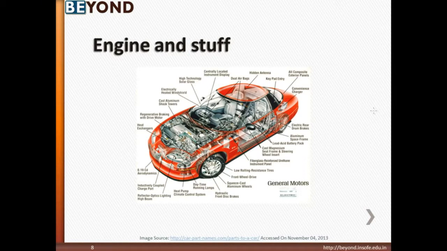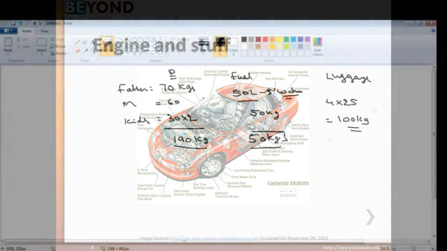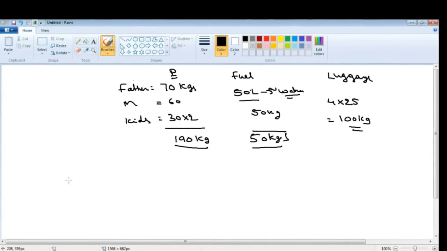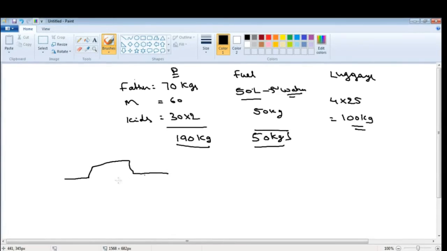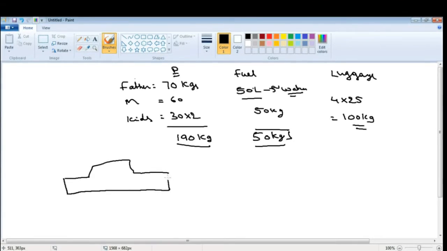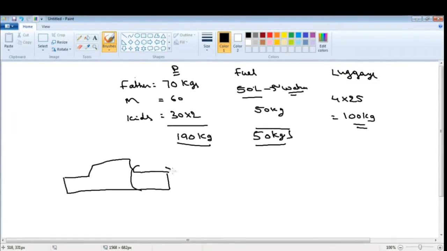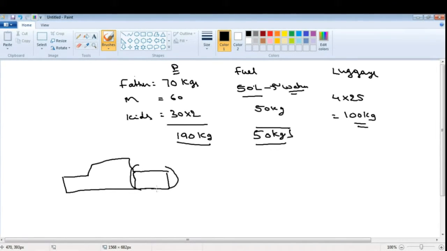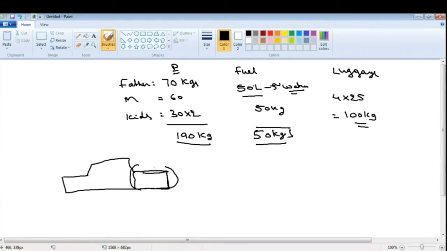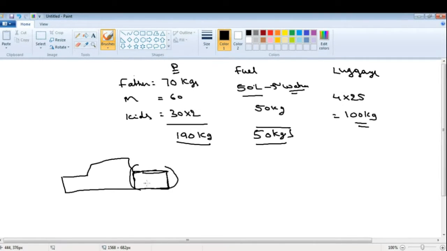I would assume that in a car of dimensions like this, this part has a lot of weight. It's actually filled with metal. I can assume it to be a filled metallic block.